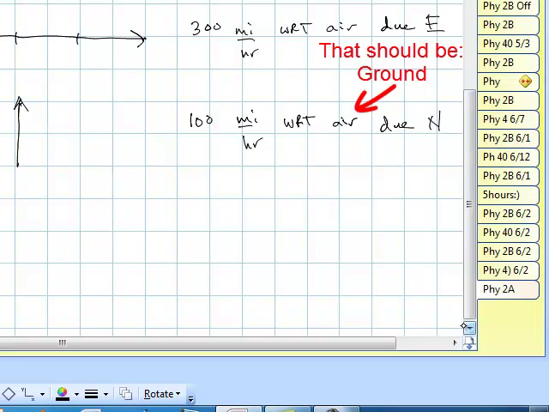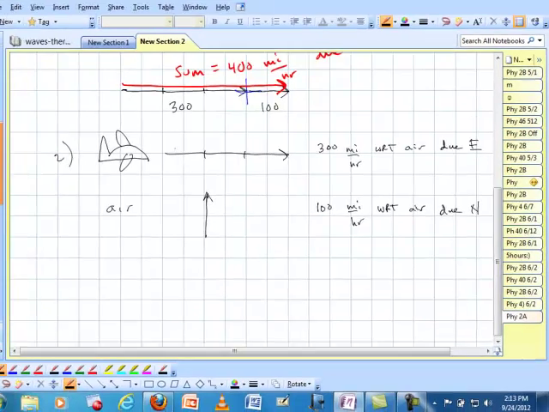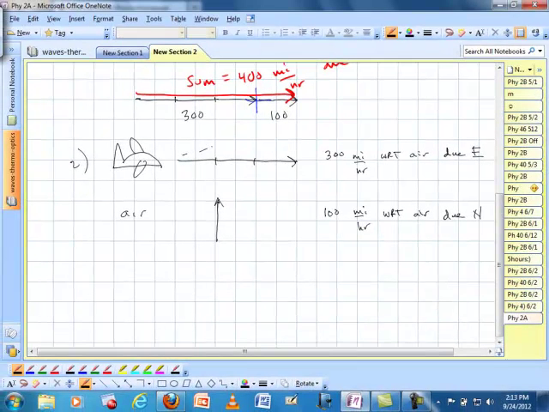So what's going to happen to our airplane as it tries to fly east? What it's flying through is moving north, right? So it's really going to have a trajectory that looks something like the dashed line there, right? If you're standing on the ground looking at it, it's going to really have that angled path.